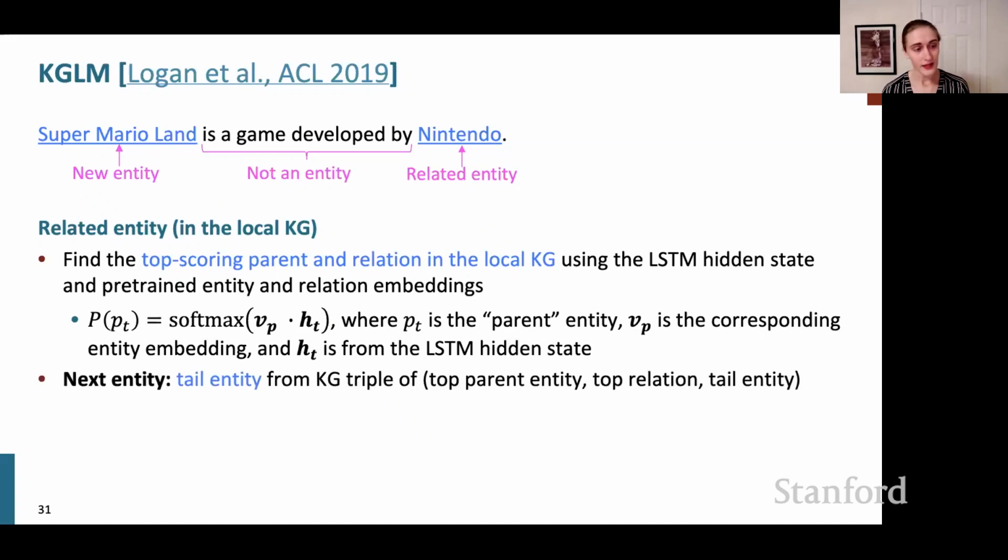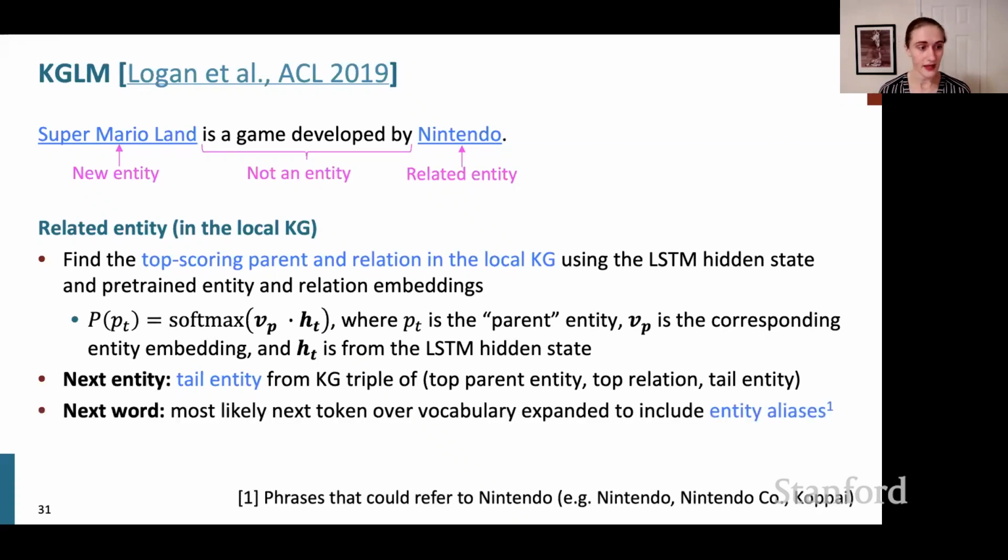The next entity is then just this tail entity from the knowledge graph triple. So it's relatively trivial to figure out what the next entity should be once you've figured out the top scoring parent entity and your top scoring relation. And then finally, to predict the next word, they take the vocabulary and they expand it to include different aliases that could refer to that entity.